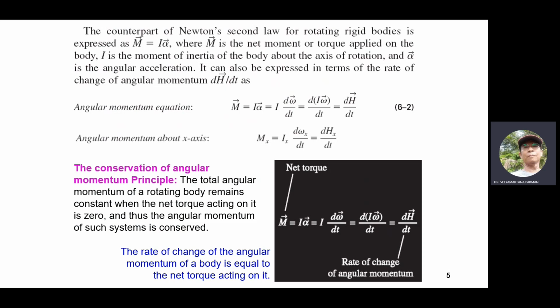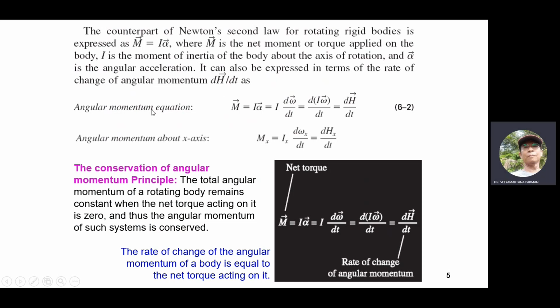M is the moment, and alpha is the angular acceleration. Both the moment and angular acceleration are expressed as vectors. I, in this expression, is the moment of inertia of the body about the axis of rotation. It can also be expressed in terms of the rate of change of angular momentum, dH/dt.